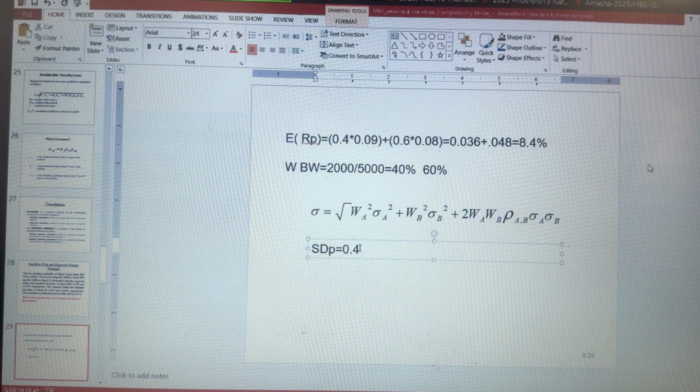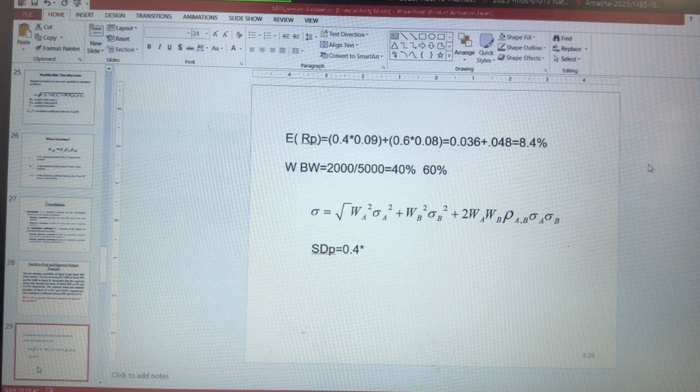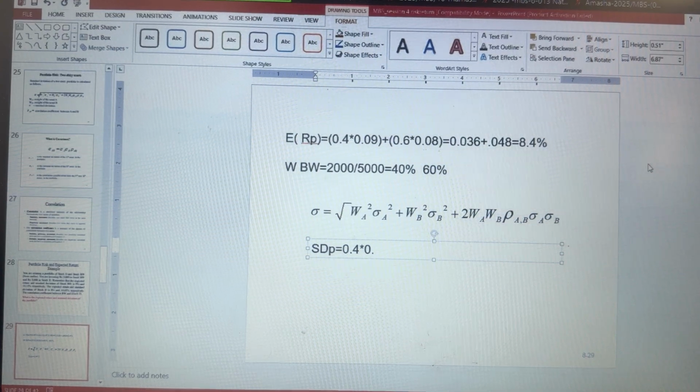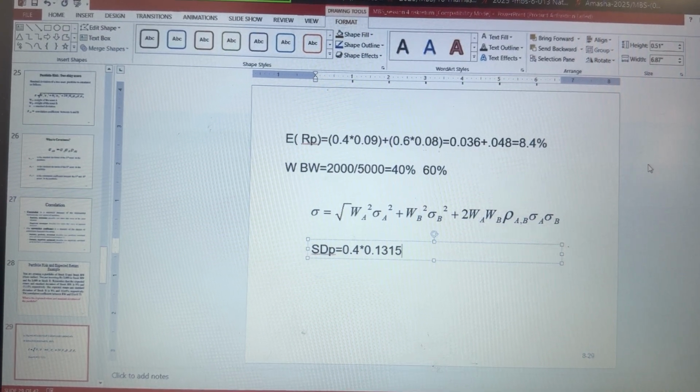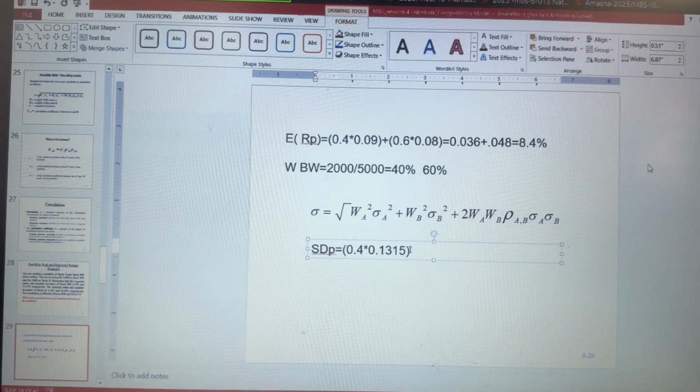Or another way, we can put 0.4 multiplied by the standard deviation given for stock BW, 13.15, so 0.1315 within brackets, and you can put the power 2. Either way you can calculate.